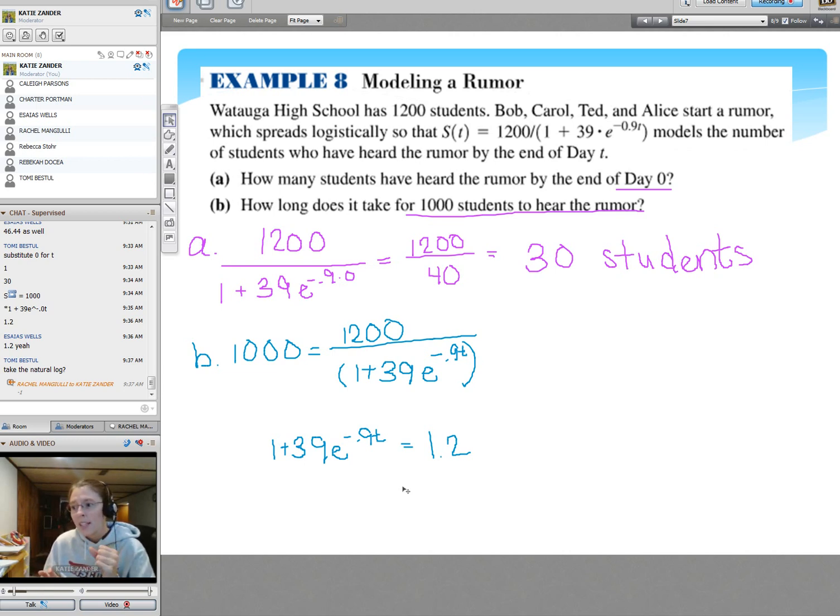Once we have e isolated, then we'll worry about natural log. Yeah, so Rachel told me subtract the 1. That's exactly what I want to do first. I want to subtract this 1 from both sides. Okay, just to save myself some space, and I know that you guys are awesome with your math skills there, I'm going to erase that and make that just a +2.